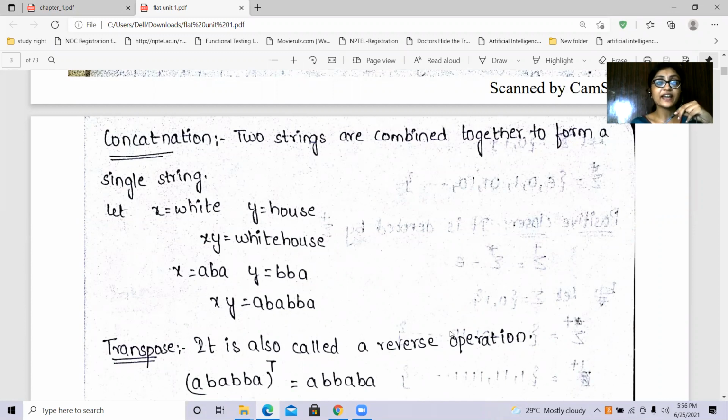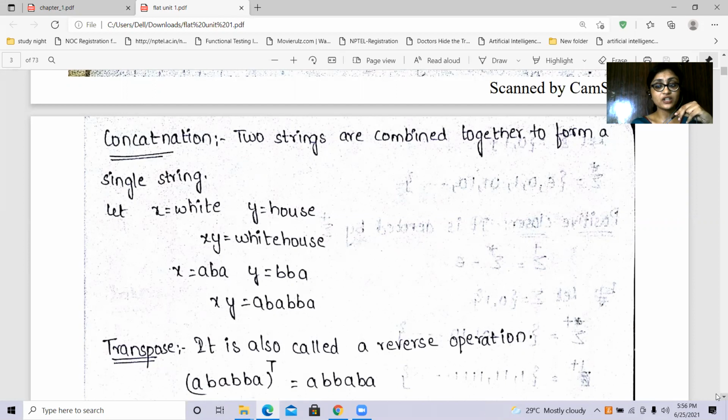The single string can be called the concatenation. Let us suppose that x equal to white and y equal to house. When we combine these two strings, we will get a single string called White House. This can be called the concatenation. Another example is when we take x equal to ABA and y equal to BBA, the combination of these two strings is called the concatenation and it can be written as XY.